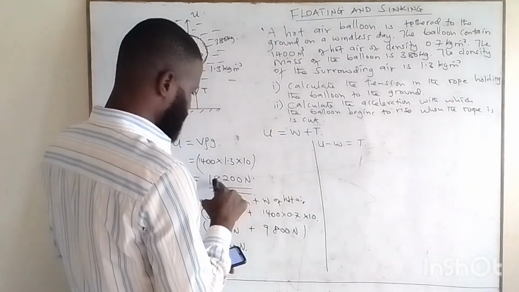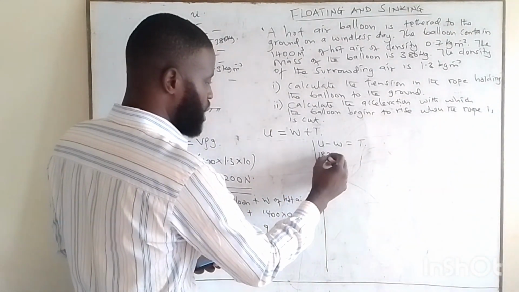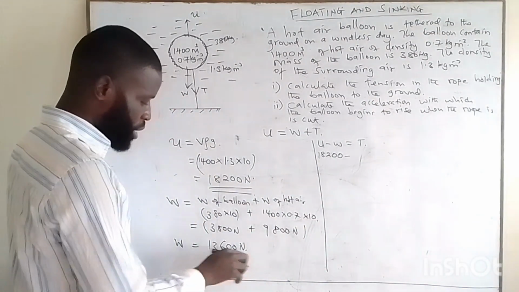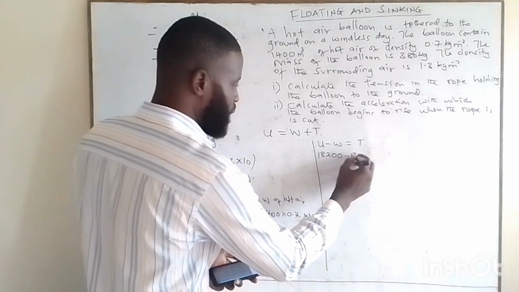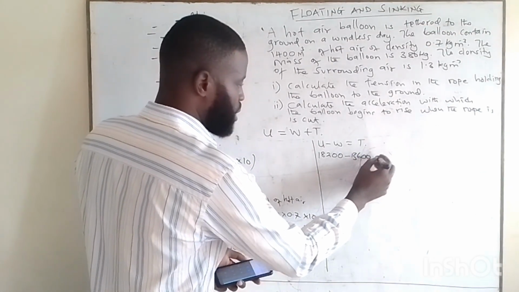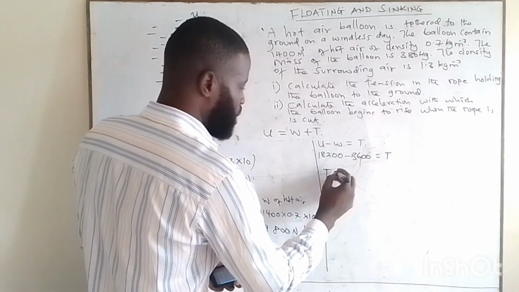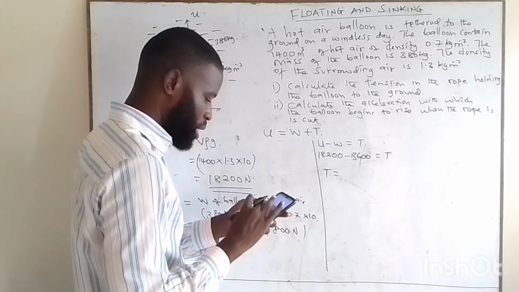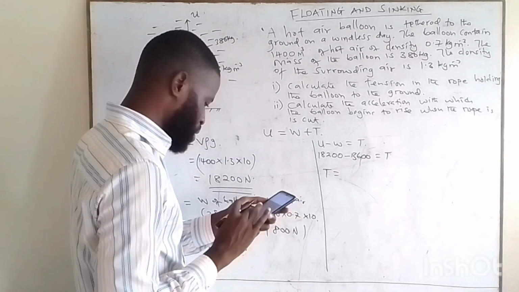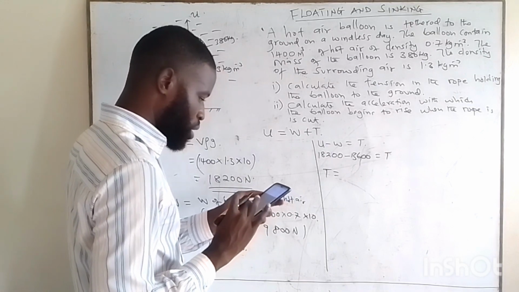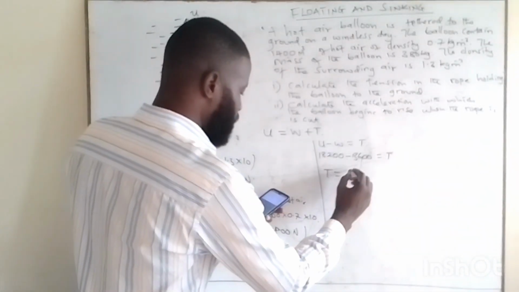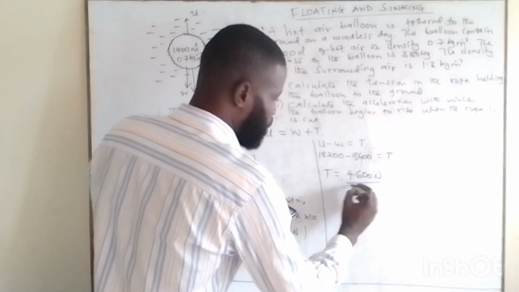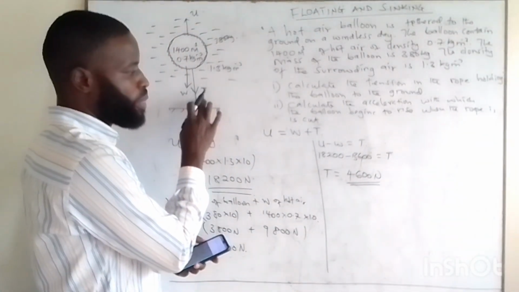My upthrust is 18,200, less the total weight, which is 13,600, is equal to T. So 18,200 minus 13,600, I get 4,600 newtons. So that is the tension force.